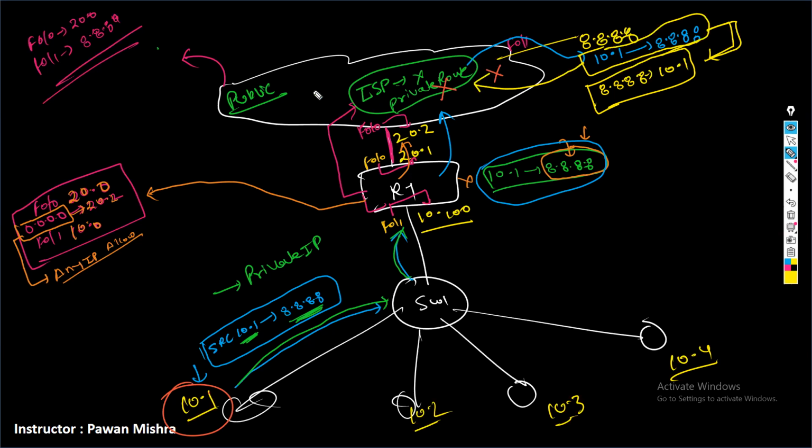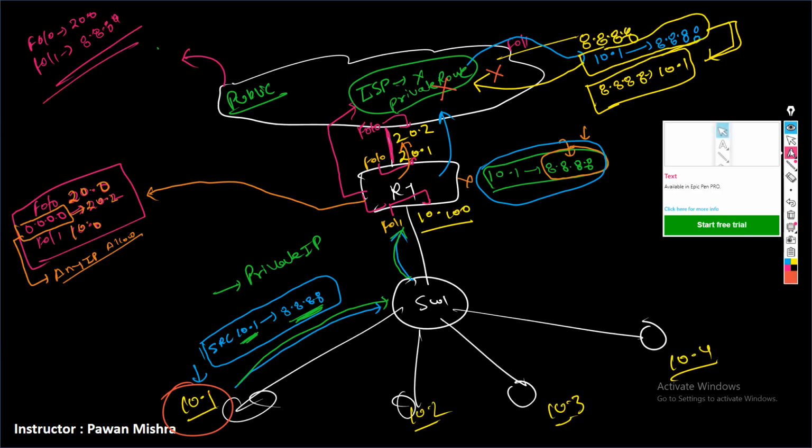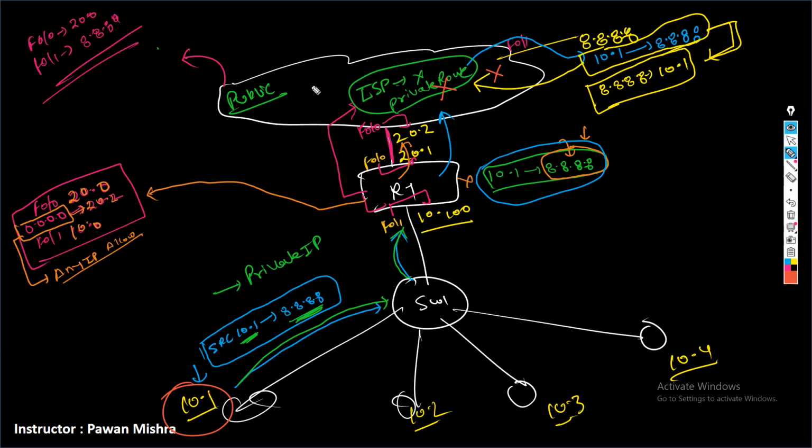Once this ISP, okay guys, just tell me, which packet will the ISP receive? The ISP will receive source IP 8.8.8.8 and the destination IP address 10.1. And ISP router, guys, just tell me, whenever a router receives any packet, will the router check the source IP or the destination? Perfect.